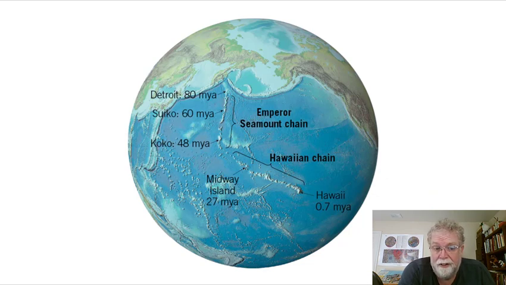And so you can see here's the Hawaiian island chain. But it is geologically part of this whole string of dormant underwater volcanoes that runs all the way up into the Aleutian Trench. The oldest seamount in this chain is 80 million years old. That hot spot right there has been there for 80 million years.